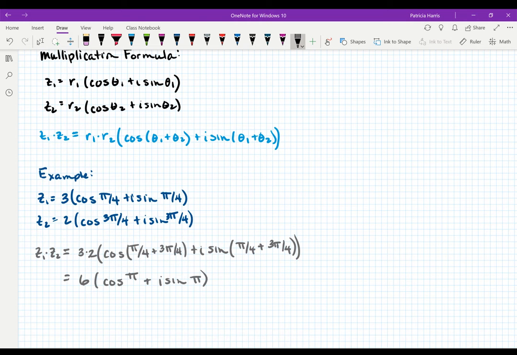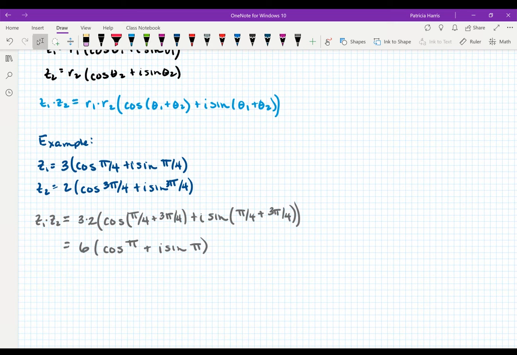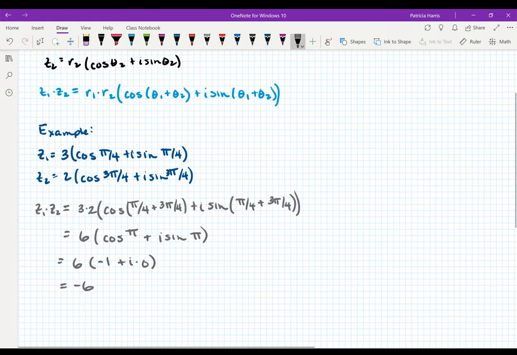Now, you can leave it like that, but most of the time they'll have you simplify it if you can. This is on the unit circle. So cosine of pi is going to be -1 plus I, sine of pi is 0. So 0. So your answer is -6. And that's it.